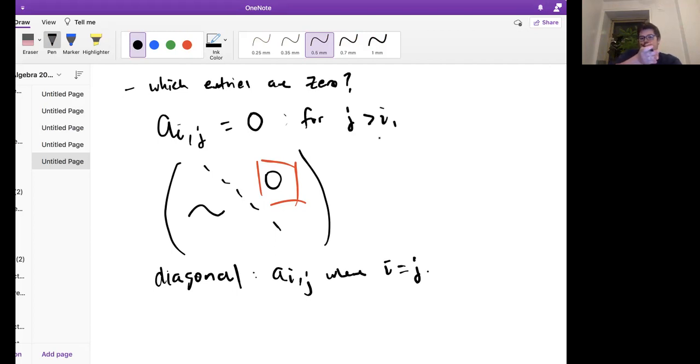So if the column coordinate is larger than the row coordinate. Does that make sense? So the column coordinate is greater than the row coordinate.